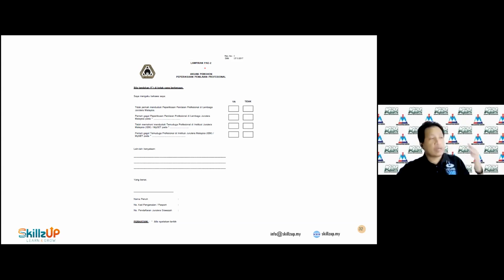So you need to explain. I think the owner is violating the Engineers Act because it is clearly stated in the Act that any company that wants to take any engineer, that engineer must be a qualified engineer. Qualified means registered with the Board of Engineers.